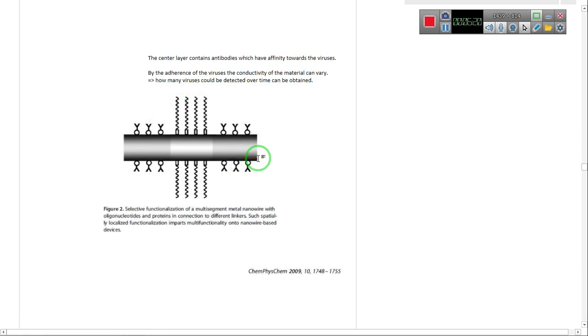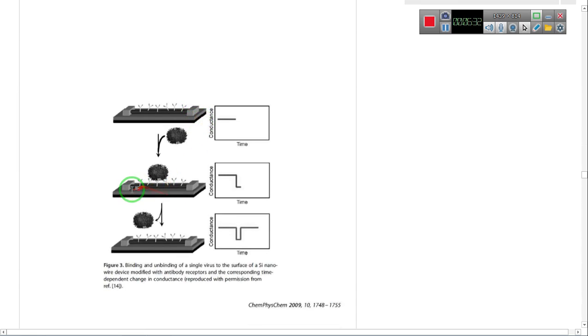If we, let's say, accommodate the central part of these nanowires with the antibodies, and we use them here, you see here that depending on the amount of, for example, the molecule that we wanted to measure in the solution, depending on the amount of them which adhere on this surface, the conductance will change.